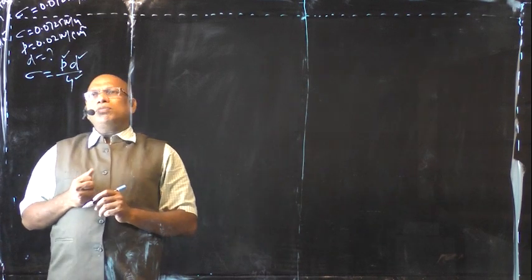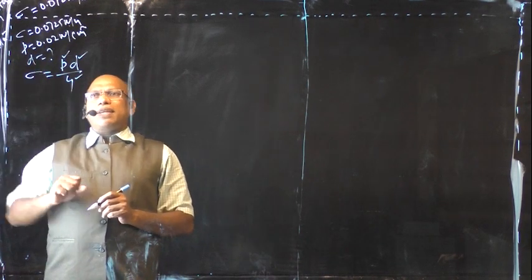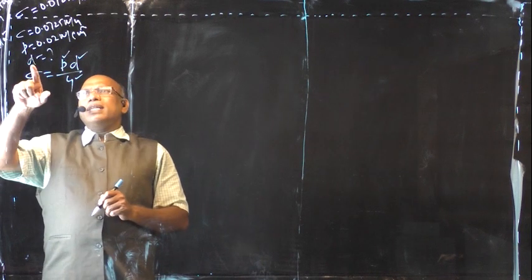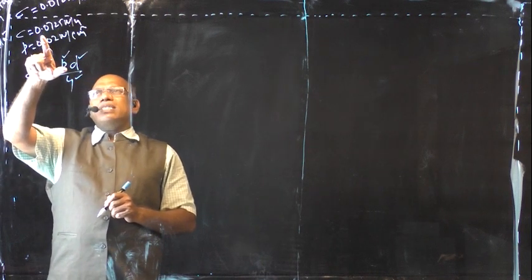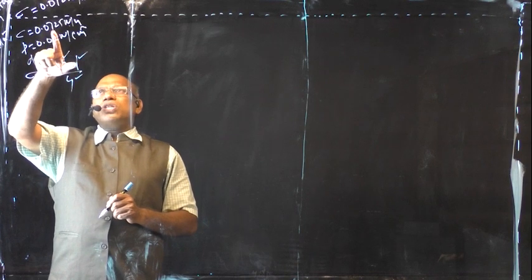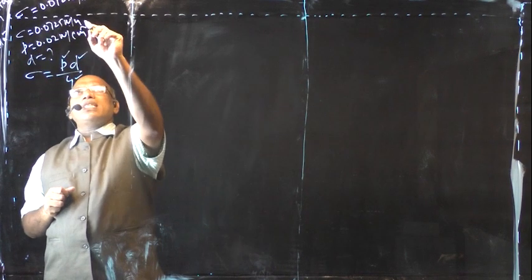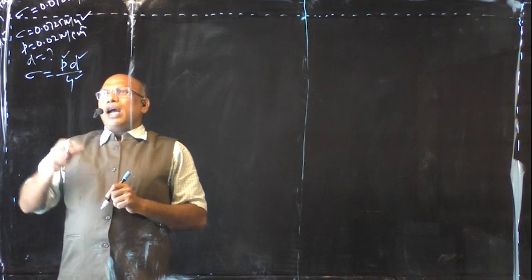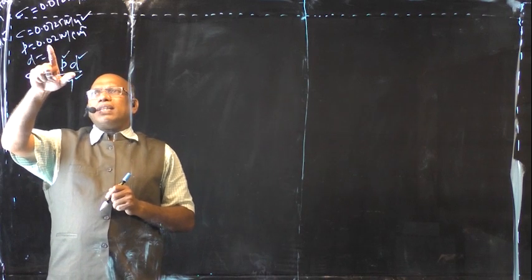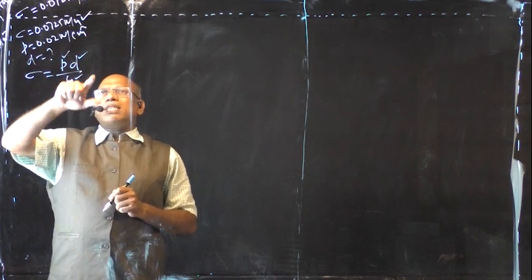Now in this problem we want to determine the diameter D, but sigma is given, that is surface tension 0.0725 Newton per meter. This is in the SI system. And pressure is given, equal to 0.02 Newton per cm square.